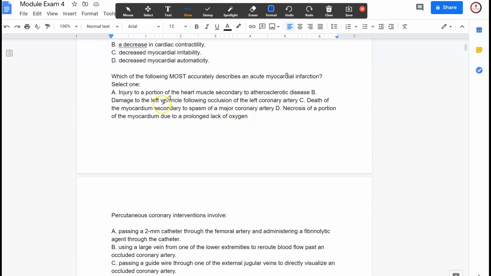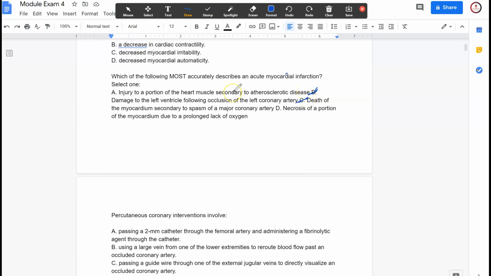All right, so it's not the left ventricle, right? It's not specifically the left ventricle or the left coronary artery, because any of the arteries involved could be involved. Death of the myocardium secondary to a spasm, it's a possibility, but most of the time it's due to a clotting issue.